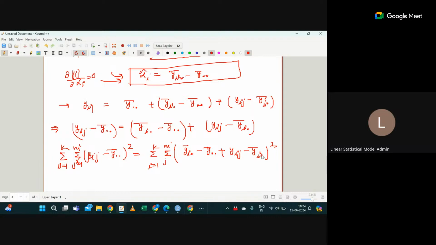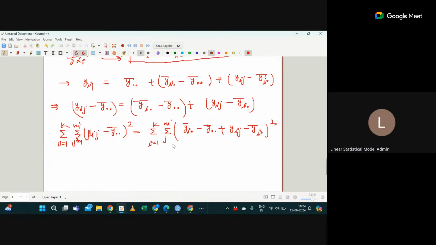I can do this, yes or no? So if you solve this, just consider these as a and b, so it will be (a plus b) whole square, right?